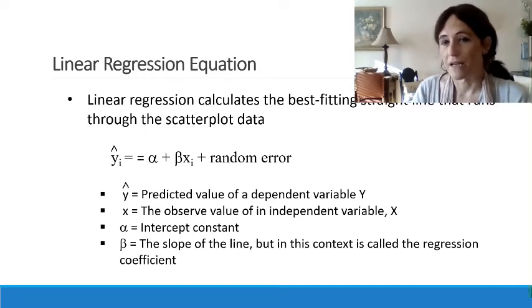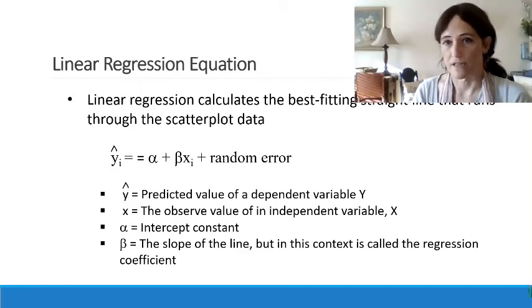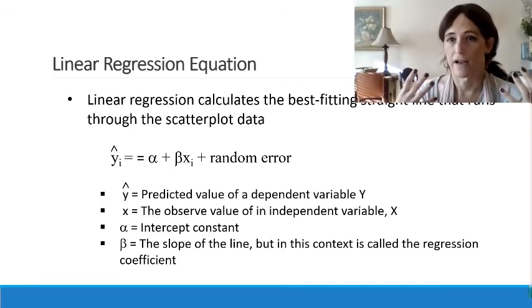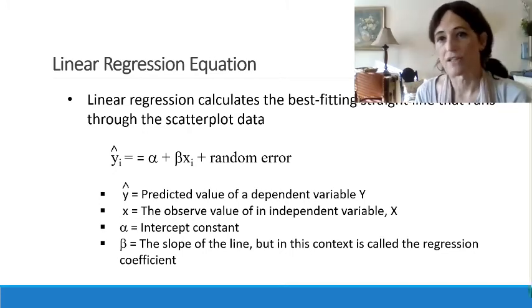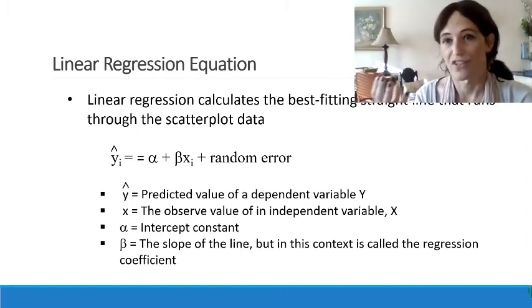There's also a random error term, which we don't often report in our analysis. However, conceptually, there is this unexplained variability in y, not explained by our intercept and our x variable. Especially in a simple linear regression model, we wouldn't expect to explain everything there is to know about y. There's going to be a lot of unmeasured variability in y.